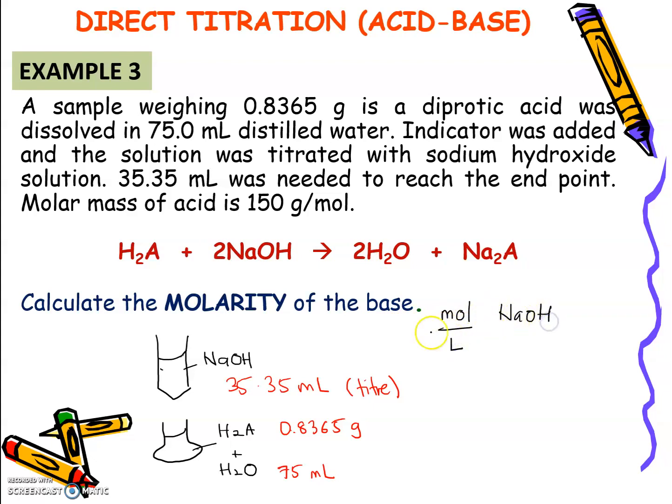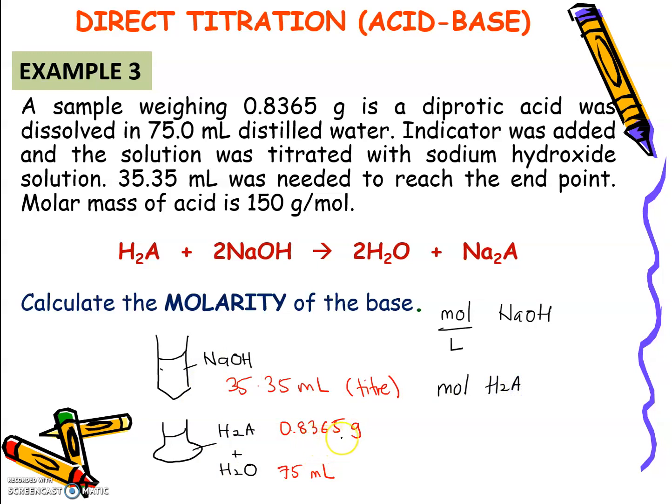So from the statement of the question, you can find the mole of diprotic acid from given mass.